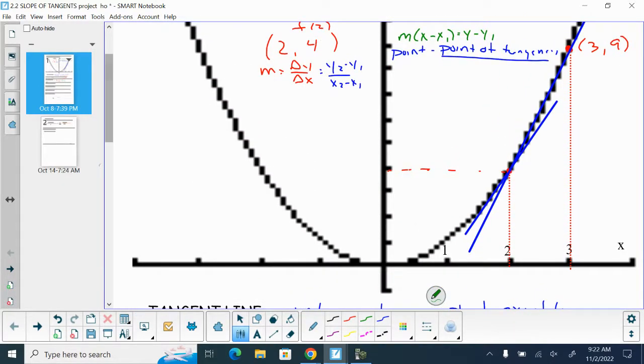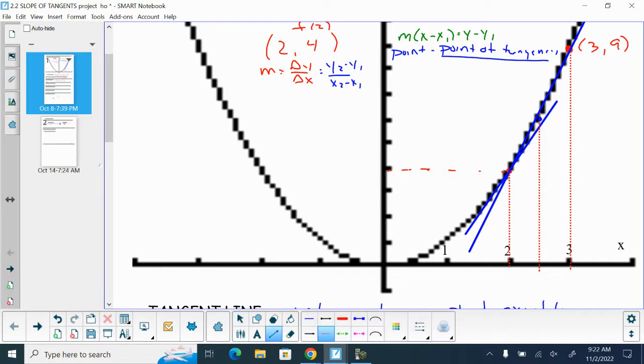If I take a look at x equals 2.5, I'm going to go up to my graph. And I got a point at 2.5.